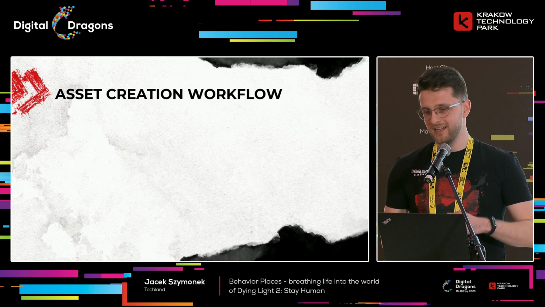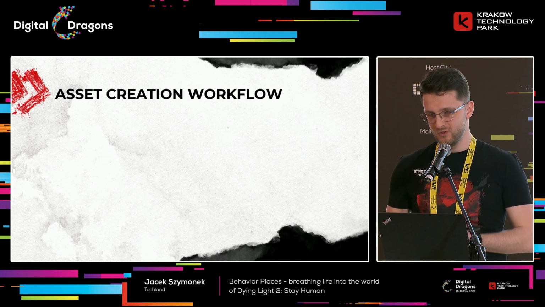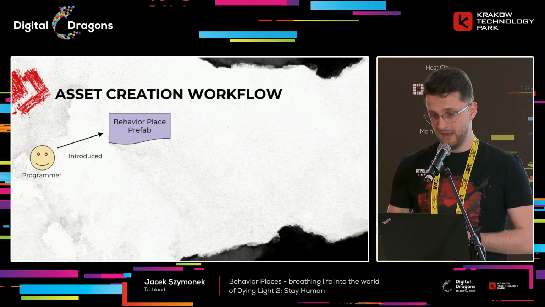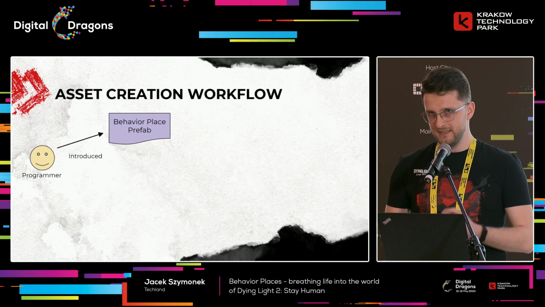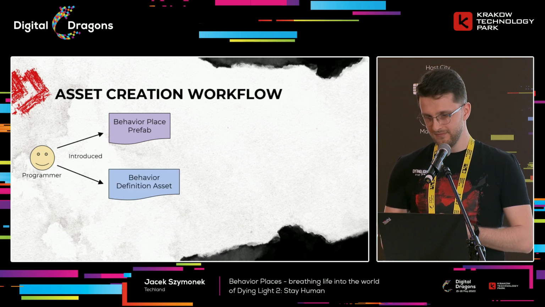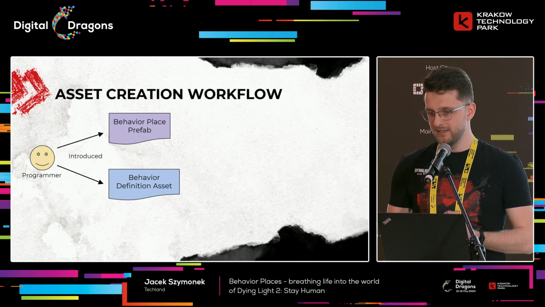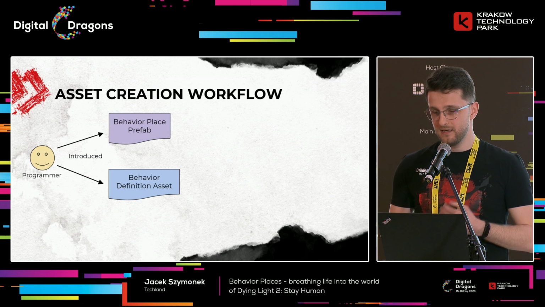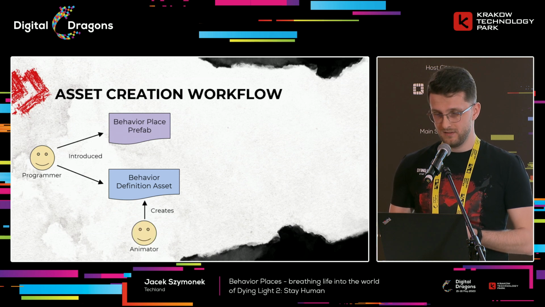Now let's take a quick look at the asset workflow relating to behavior places. First, as programmers, we created a special prefab. And we've introduced a new asset type called the behavior definition. These assets contain all the behavior configuration and animation data required, and they are created by animators.